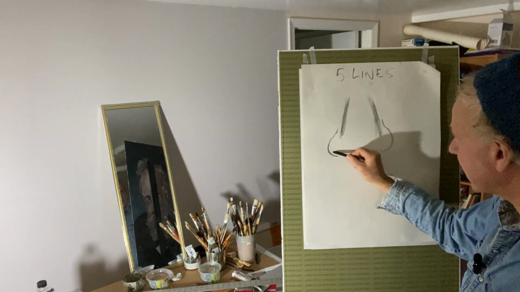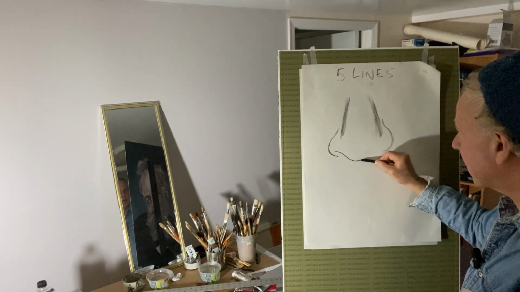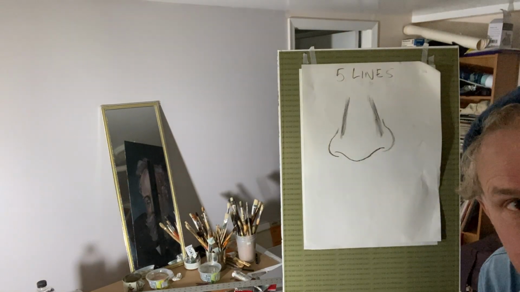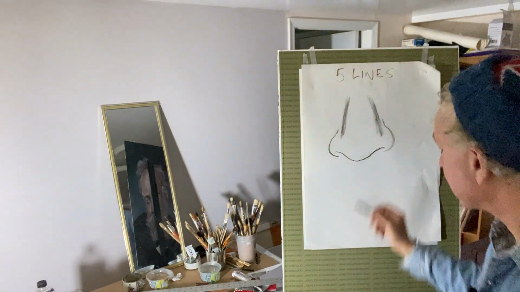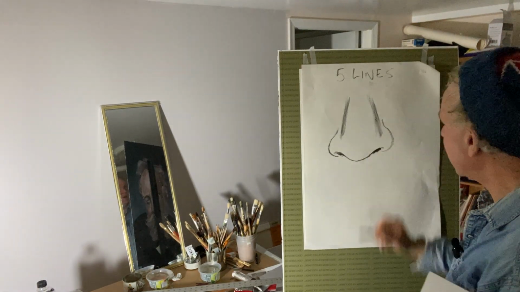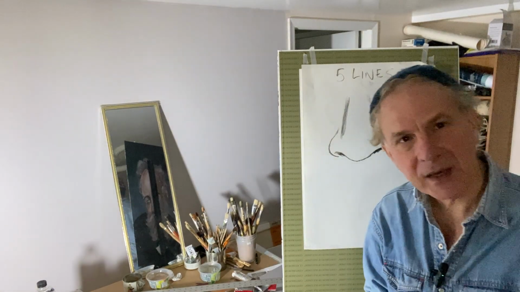It starts in at that corner, then it goes down. It curls down and then it comes up again. And there you have a nose. Very easily and quickly done, and you can put the nostrils in there. Now, like I said, that's a general way of doing a nose for you. And I want you to now see if you can actually create your own nose on the paper.